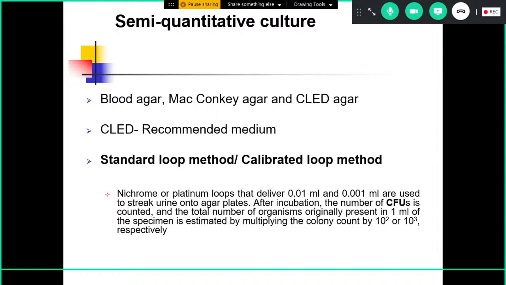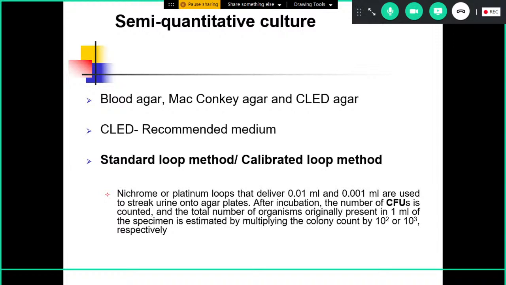After incubation, the number of CFUs is counted and the total number of organisms originally present in 1 ml of specimen is estimated by multiplying by 10 power 2 or 10 power 3, depending on the loop size that we have used. So if we have used a loop that holds 0.01 ml of urine, you count the number of colonies and multiply by 10 power 2 to get the count. And if you have used 0.001, then multiply by 10 to the power 3.